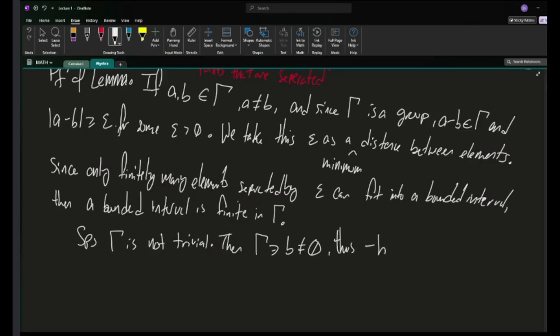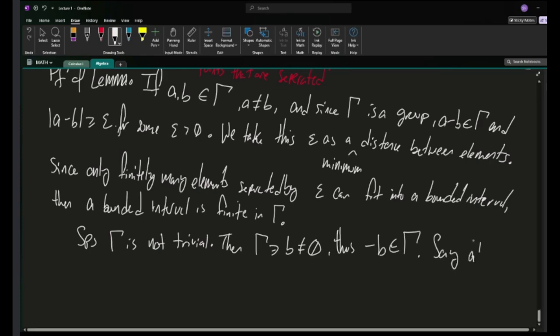Thus, negative b is also included in gamma because it's a group. Say a prime is a positive element.